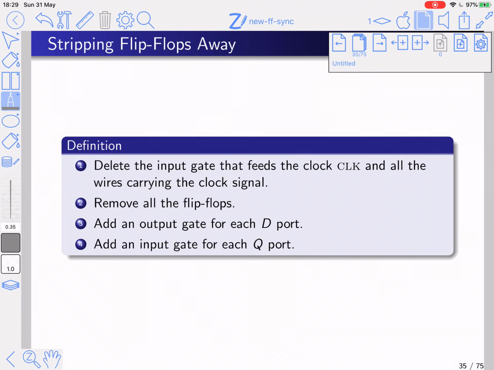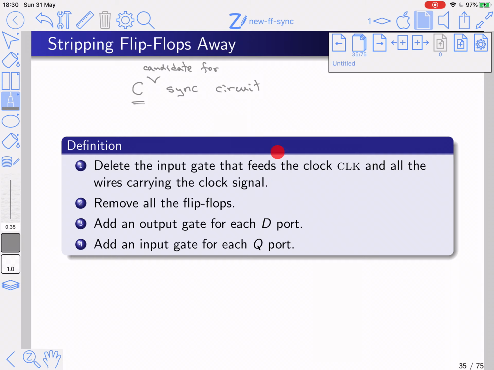Okay, so what is stripping flip-flops away? It's a transformation in which you start with a circuit C, which is a synchronous circuit, or a candidate. It's more a candidate for a synchronous circuit, and you want to check this circuit C. So what you do is you delete the input gate that feeds the clock and all the wires carrying the clock signal.